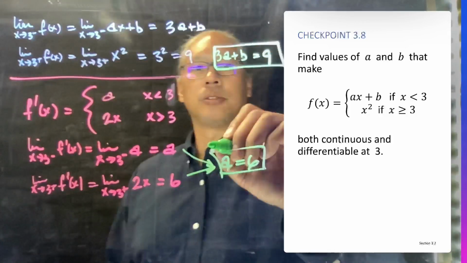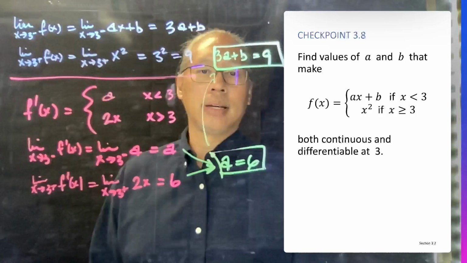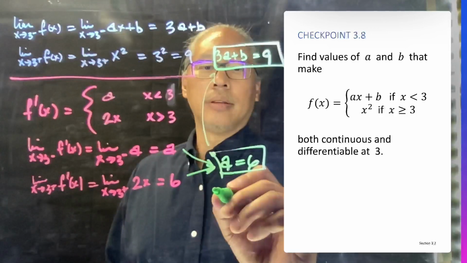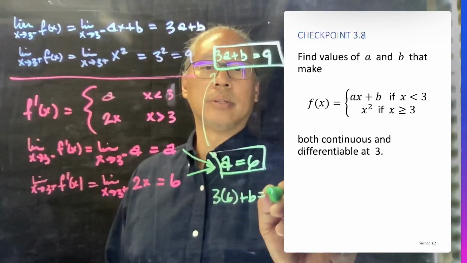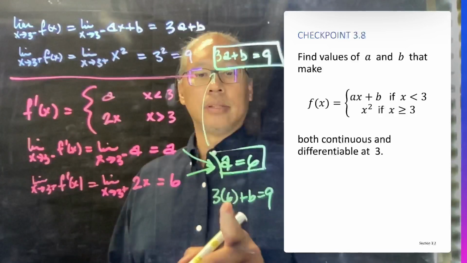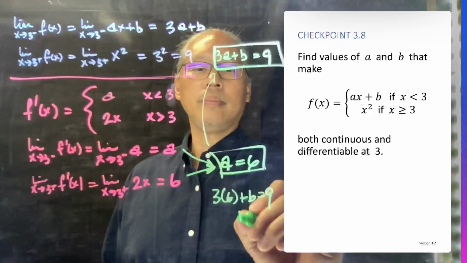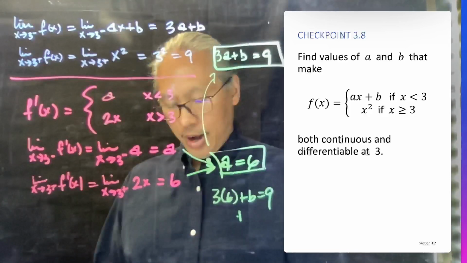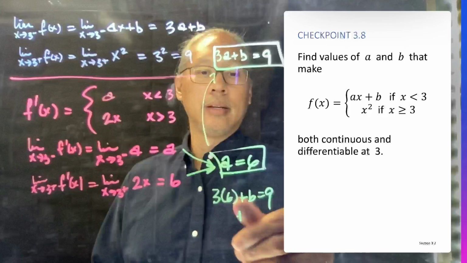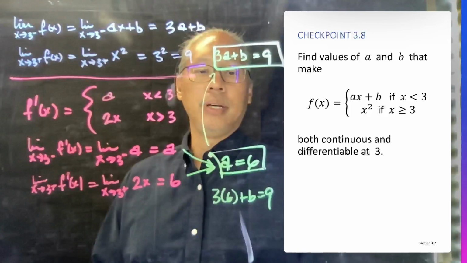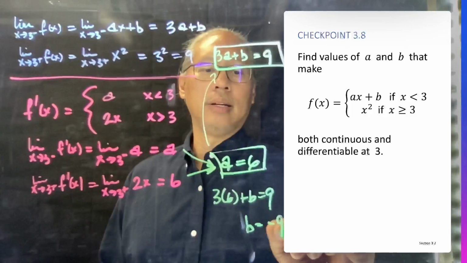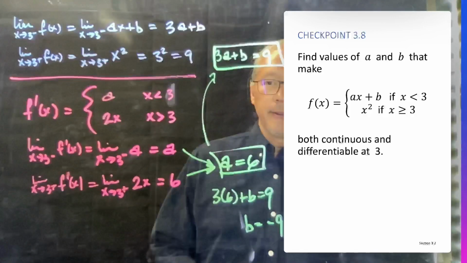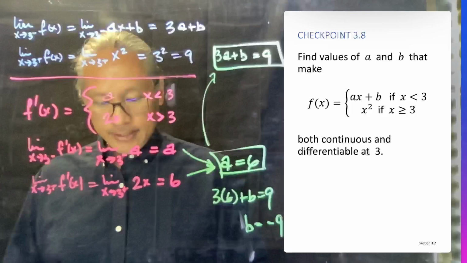And now let's just plug that back into here. We're going to get 3a, which we said was 6, plus b is equal to 9. So this is 18. We'll subtract 18 from both sides, and we will end up getting b is equal to -9. All right, so that's it.